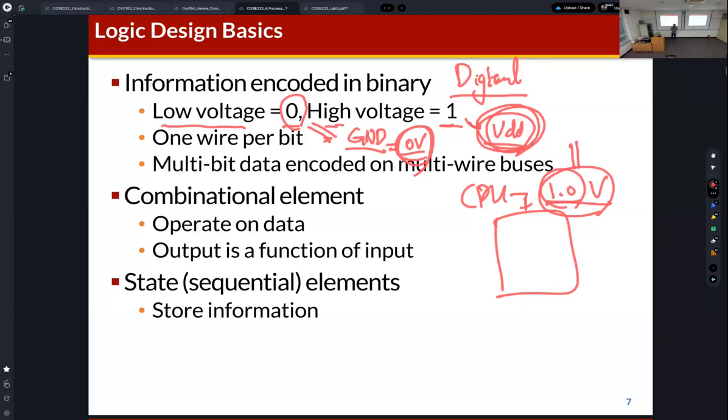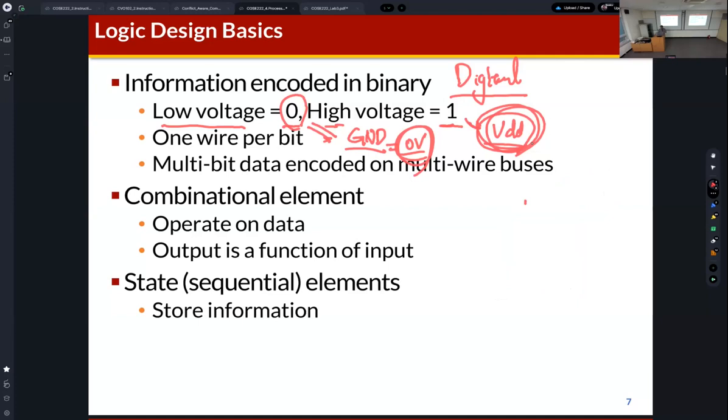A digital circuit just processes binary data 0 and 1, and it also generates results which are also binary data. So what is a digital system? A digital system receives digital data, 0 and 1, and also generates digital data results, 0 and 1.